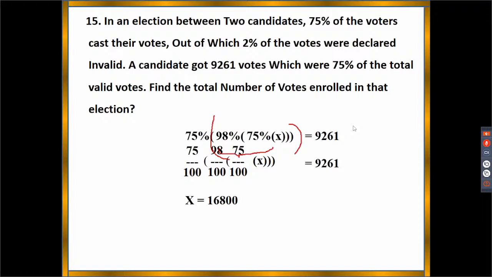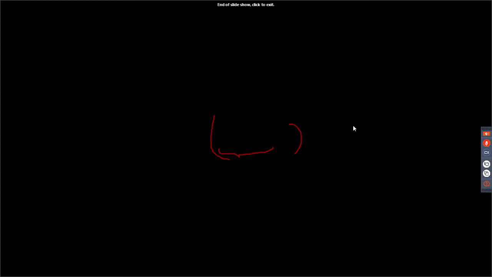Okay, so what is the X value? Go with your own cancellations, no problem. Up to that, any doubts? That is the last problem in percentages, an important topic.